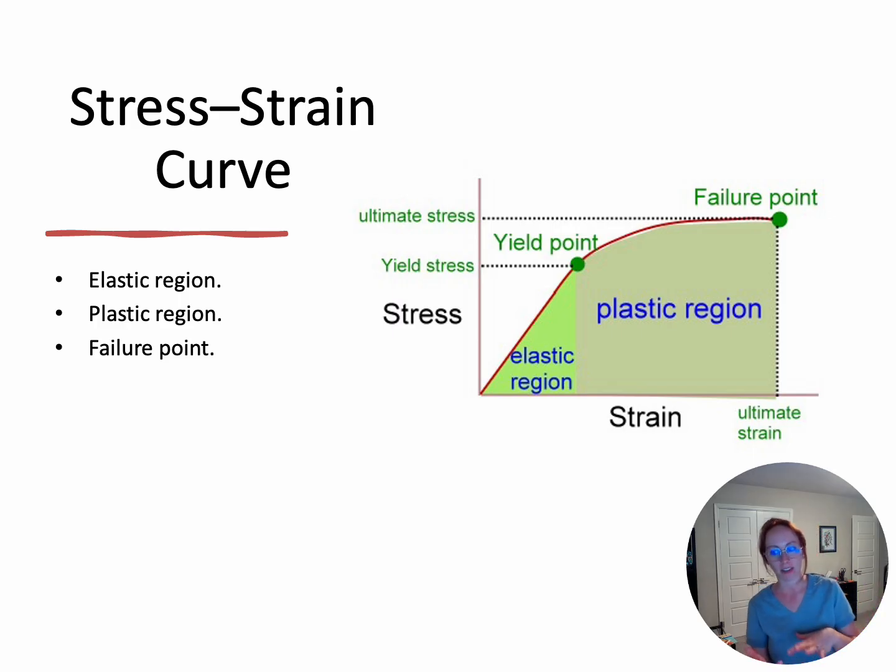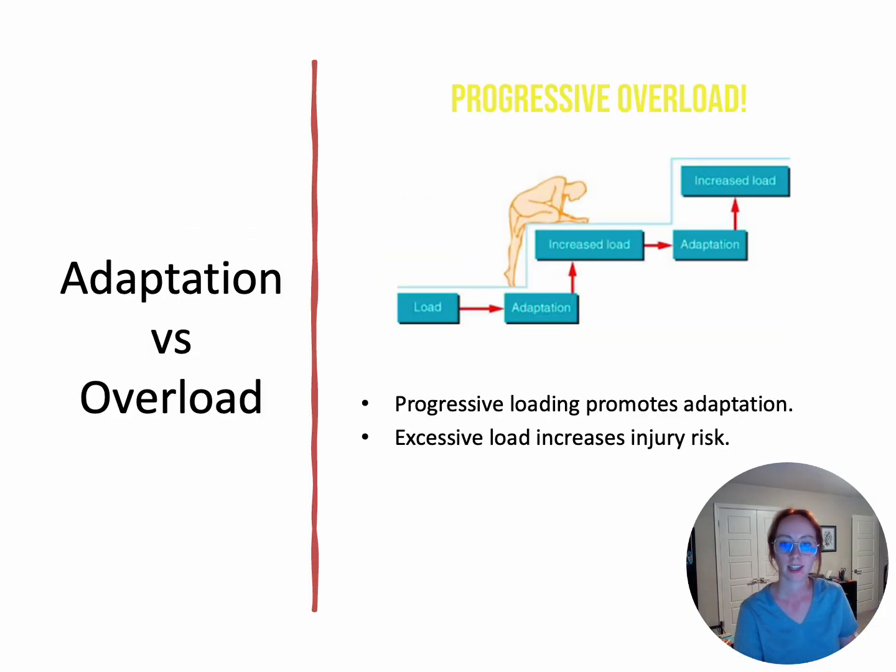However, excessive and improperly applied loading can lead to overuse injuries if we're not careful. And this slide goes a little bit more into that, where we have adaptation versus overload. Progressive loading promotes adaptations to the tissues, building resilience and strength, but excessive load can increase your injury risk.